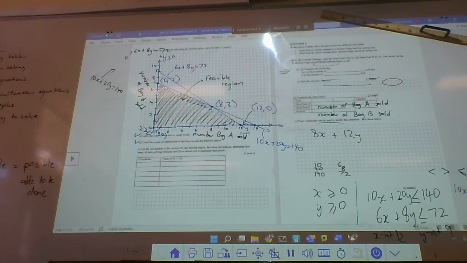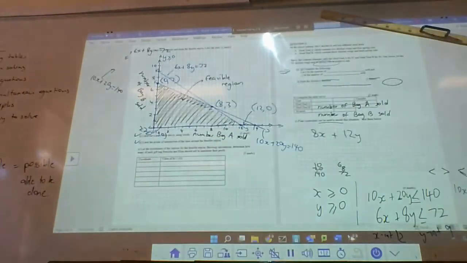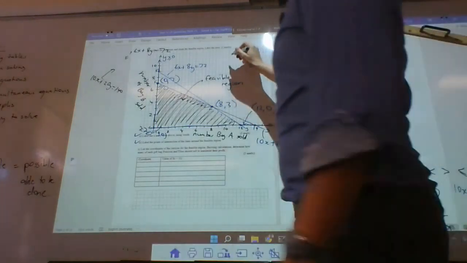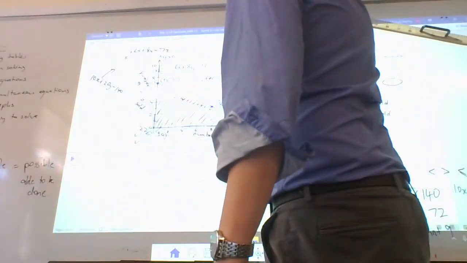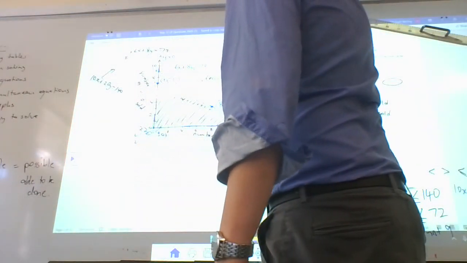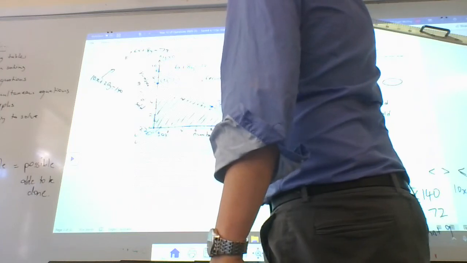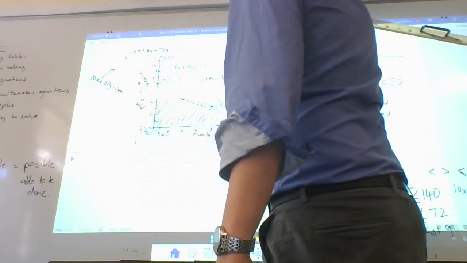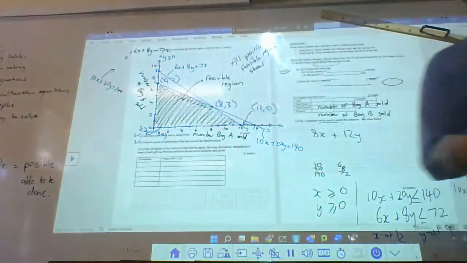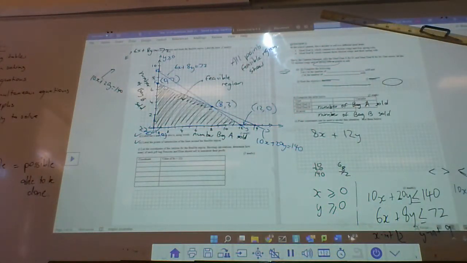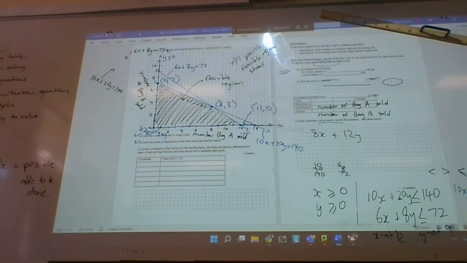So all of these points, all points in the feasible region, show, what do all the points in the feasible region show? Combinations, I think I heard the word combinations.